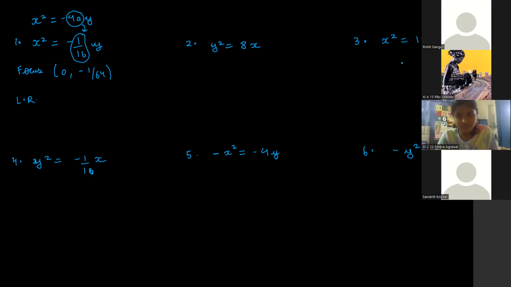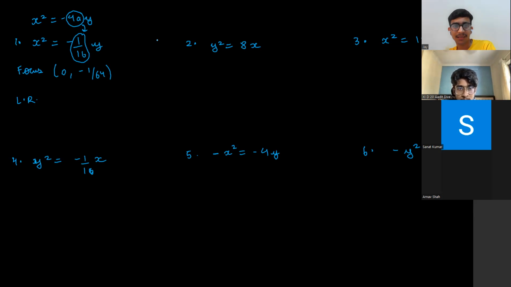So alphabetical, okay, fine. So Adit, Arnav, and who else? Leave it. Alphabetical order. Let's say Rishit will be next. Then Sanat, Ritu. No, sir, Ritu. Smera. Anyways, it's fine. Ritu. Sir, I wanted the 5th one. So Sanskriti. Yeah, Sanskriti is there.